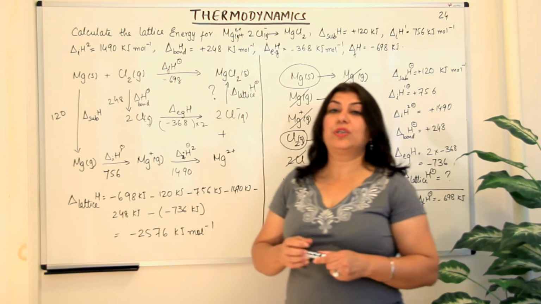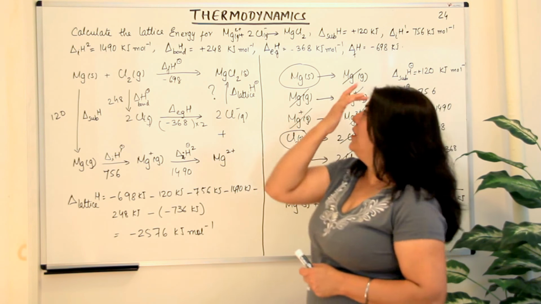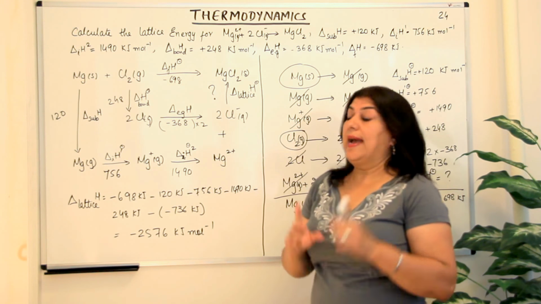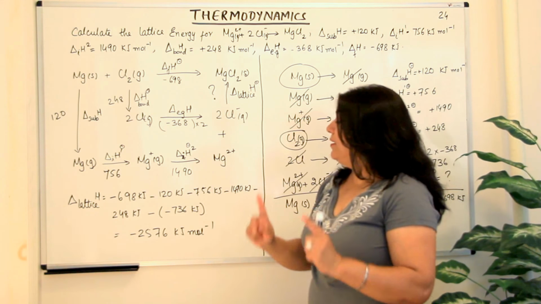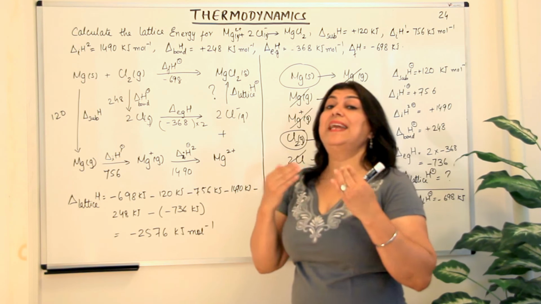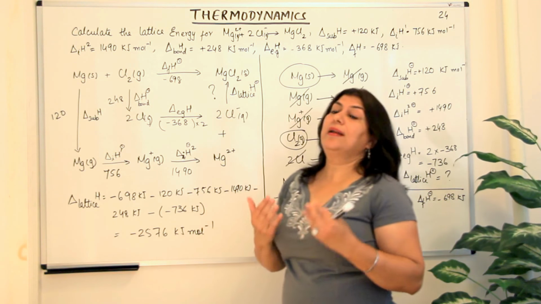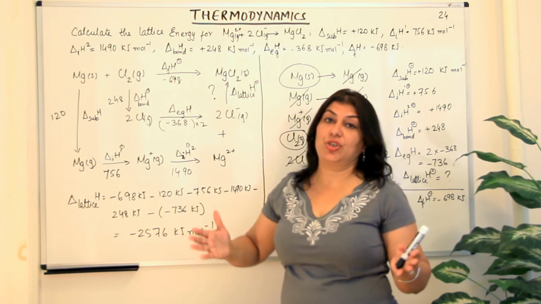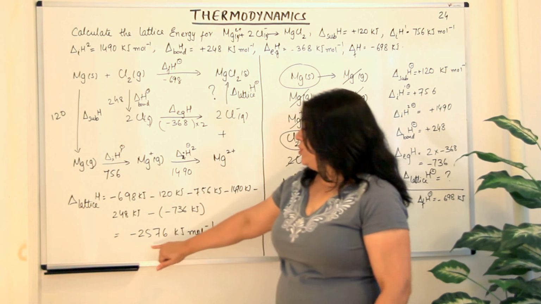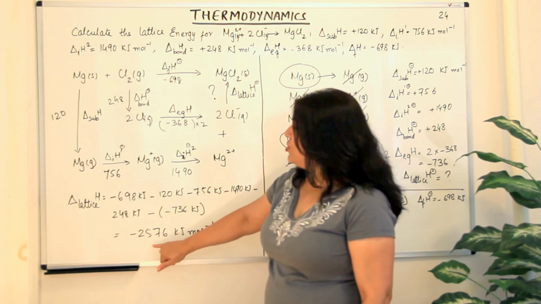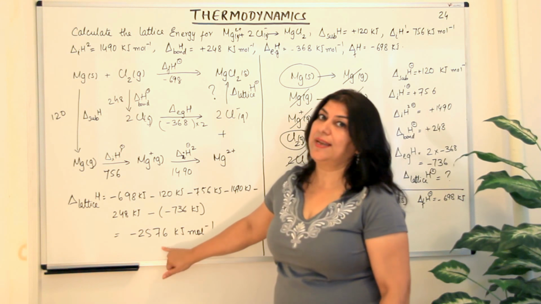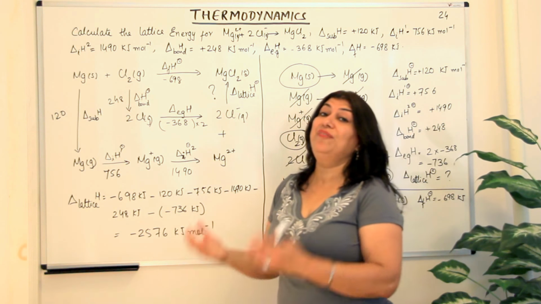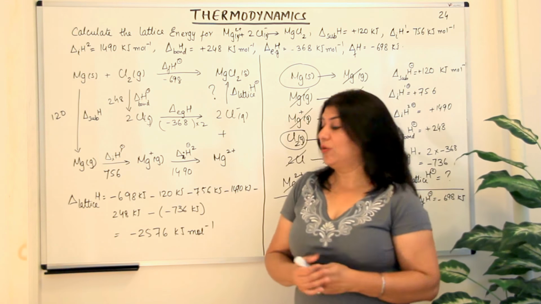So this is how you would calculate the lattice enthalpy for magnesium chloride. And remember, in India again, when we say lattice enthalpy, we mean enthalpy of dissociation, not association, and not formation. So we will have to reverse the sign to talk of lattice enthalpy if we are using this value in any other calculation.